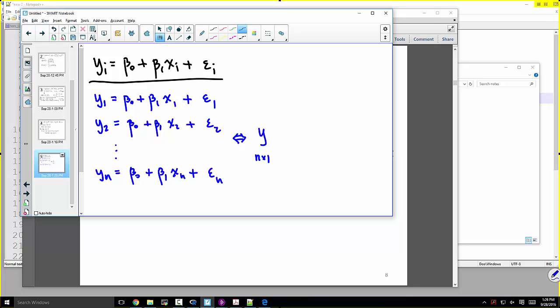And y can be written as a matrix X that, in this case, is n by 2 times a vector of coefficients, in this case 2 by 1, because we have beta 0 and beta 1, plus a vector of residual terms.